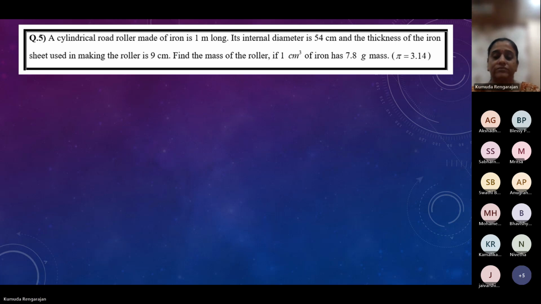What is the formula to find the volume of the cylindrical road roller? Tell me the formula to find the volume of the cylindrical road roller.